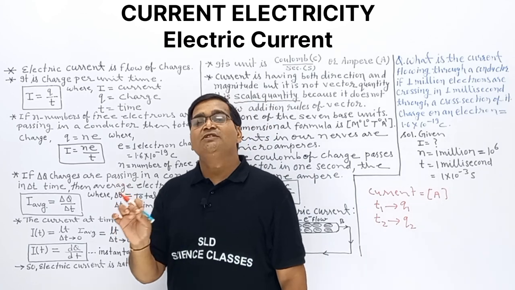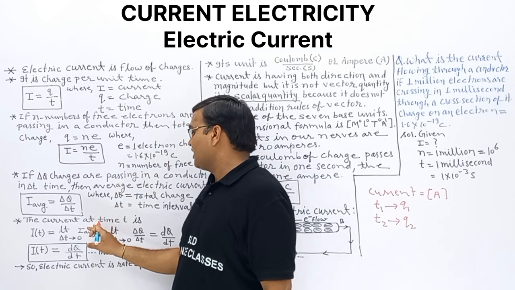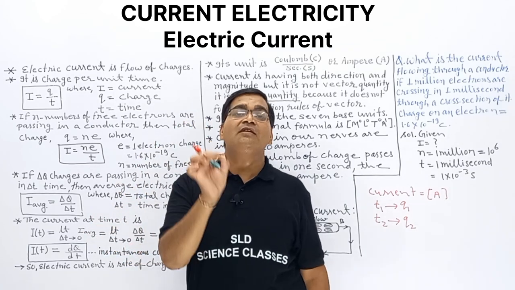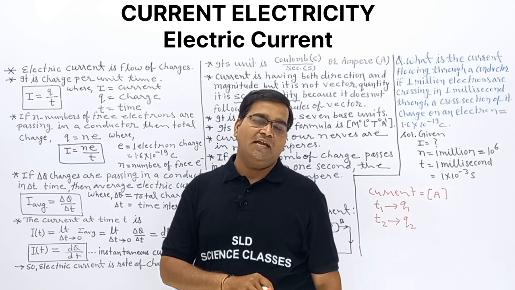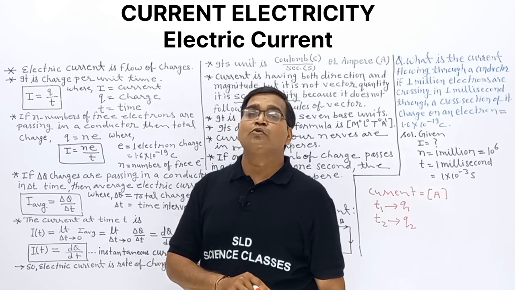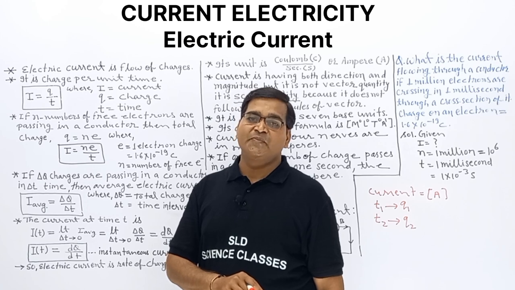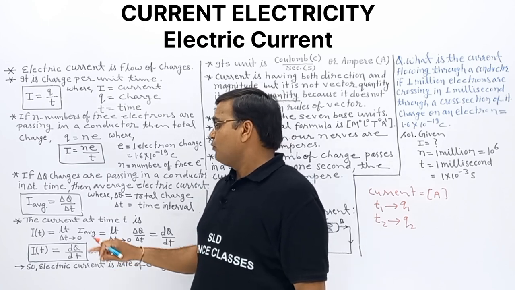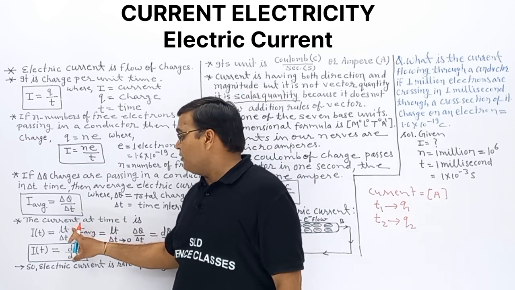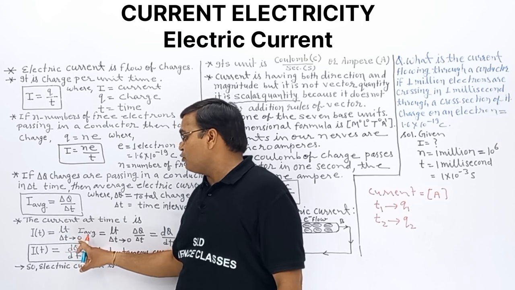Now we want the current at time T, at the instant T. So what will we do? We take the limit of delta T tends to 0.